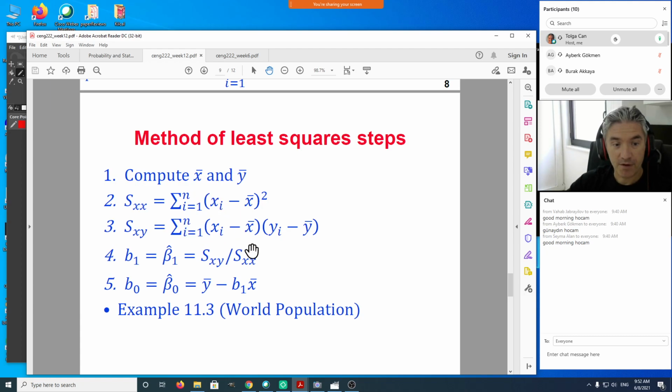But we are going to see that, instead of step 2 and step 3, computing SXX and SXY, it's also possible to compute the linear regression model if collected statistics like covariance and correlation coefficient are given to us.